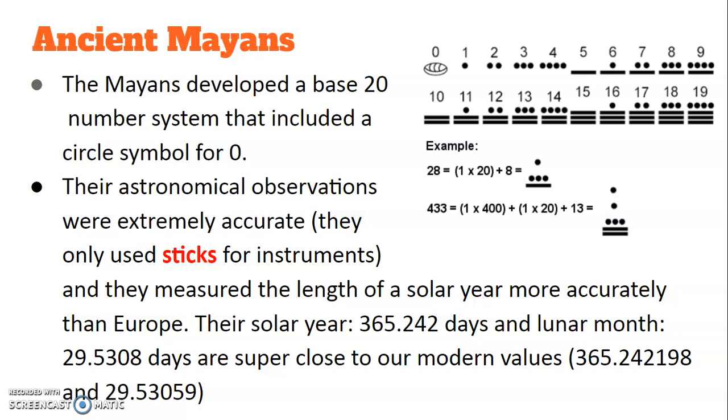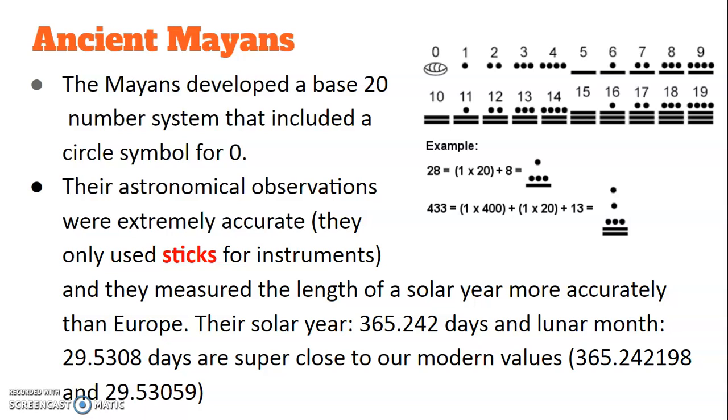They were able to measure their solar year as 365.242 days. And in comparison, the modern day value is 365.242198. So literally, they got the same exact number as people did 3,000 years later with fancy instruments. Okay, that's crazy to me.